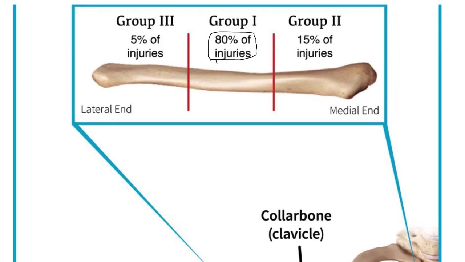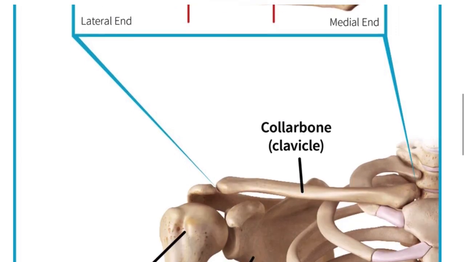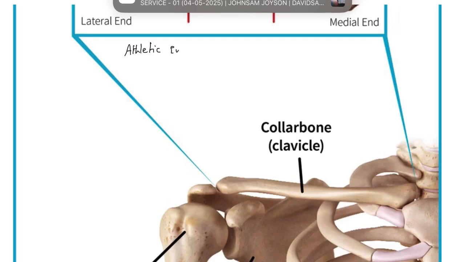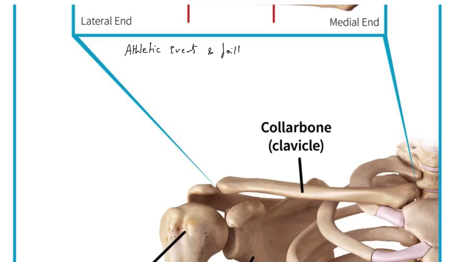In the lateral end we can see 5% of injuries. In the medial end we can see 15% of injuries. Now, these fractures mostly happen in athletic events, if the patient is an athlete, or the patient falls on an outstretched hand, outstretched arm, or direct blow to the shoulder.